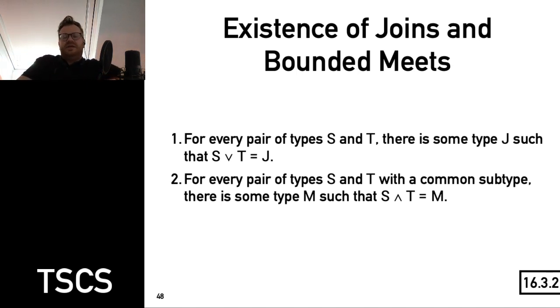The lemma for this says for every pair of types S and T, there is some type J such that the join of S and T is J. And for every pair of S and T with a common subtype, this is the important part, they need to have a common subtype, there is some type M such that S meet T is M.